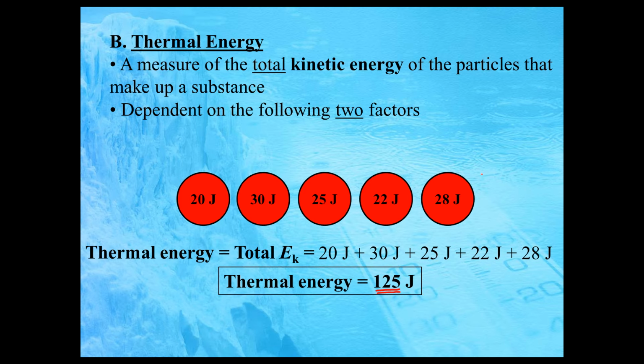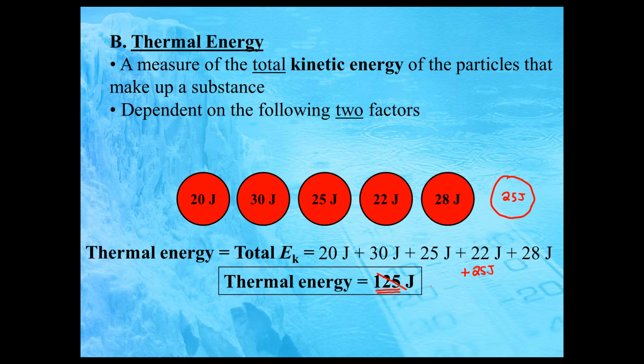Well, one thing you could do is if you had more substance or more particles, let's say we had an additional particle now, and this additional particle had a kinetic energy of 25 joules, then when I calculate the total kinetic energy or my thermal energy, we just add another term.